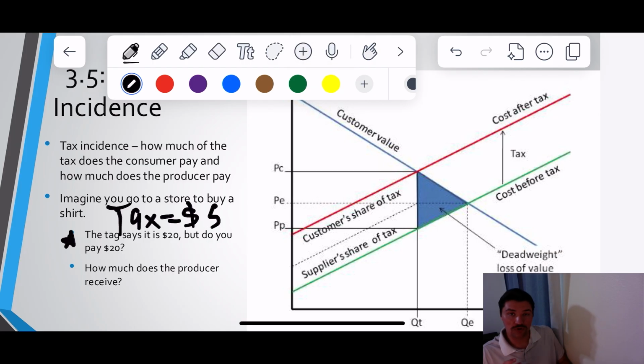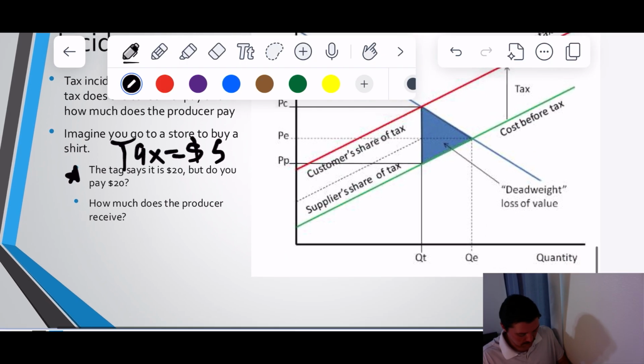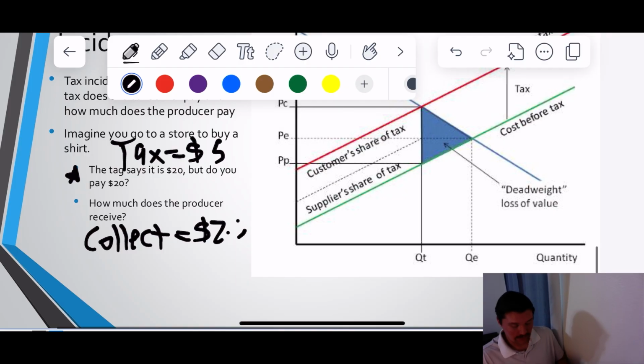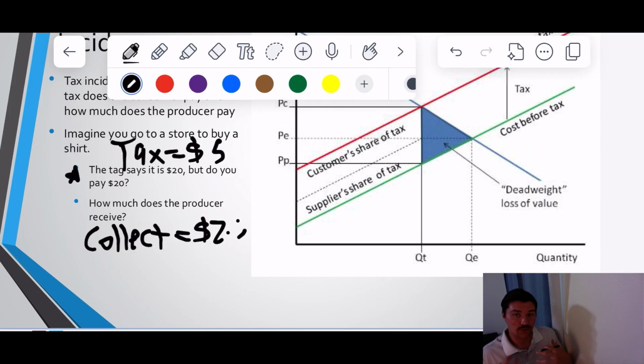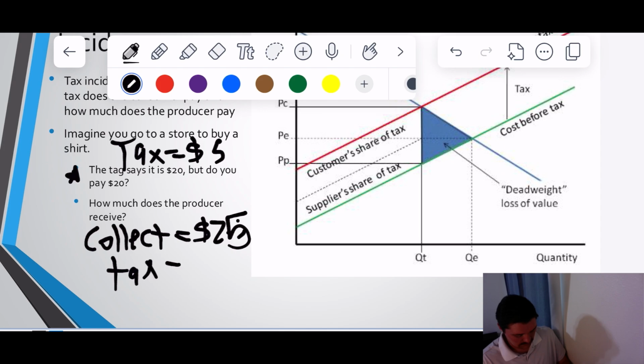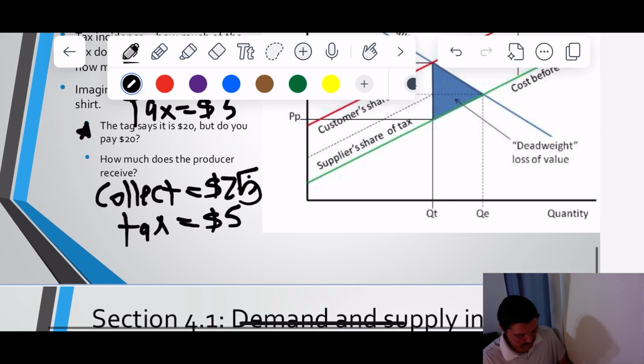Now the producer is going to collect $25 from you, right? Then pay the $5 tax. That's how sales tax works. Businesses collect sales tax from you and then pay it to the government for you. Okay, so the tax is $5. So what the producer gets is what's left over, which is just that $20.